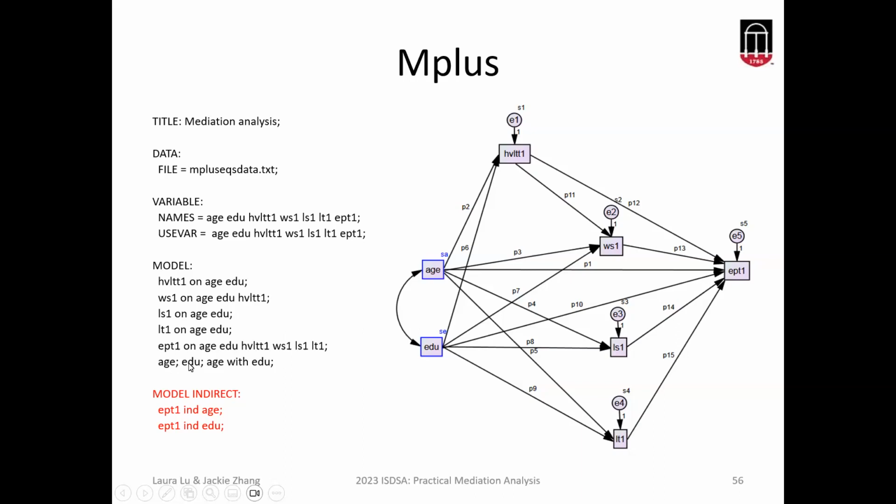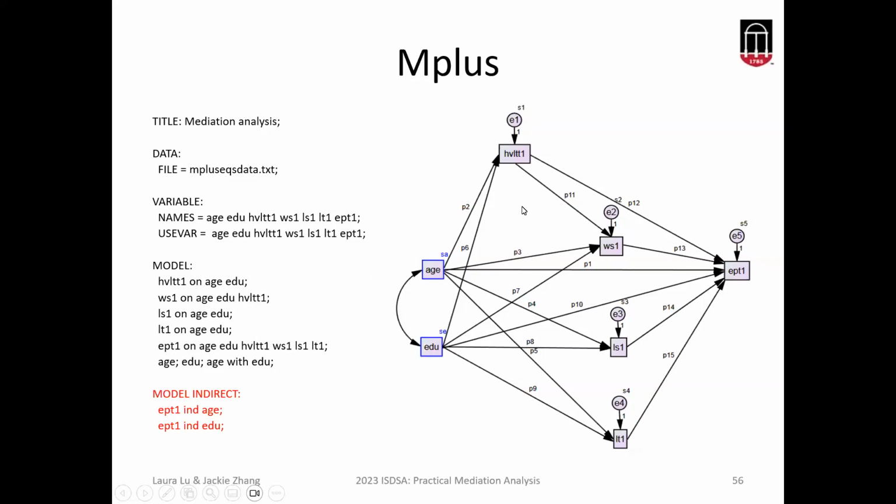What does that mean? Based on the Mplus convention, we want to look at the variance of H, the variance of EDU, and this statement is about WITH, H with EDU. So the covariance between these two variables. So that means the covariance between H and EDU, and also the variance of EDU, variance of H. So that is our model.